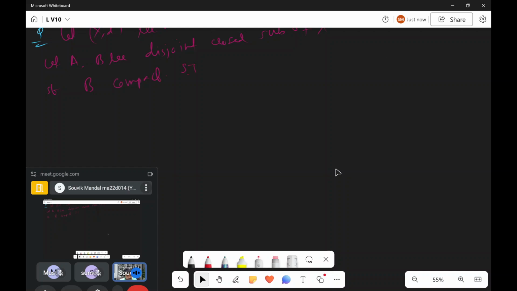Show that there exists r greater than 0 such that d(x,y) is greater than r for all x belonging to A and for all y belonging to B.